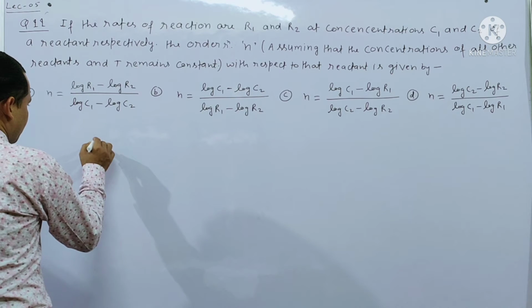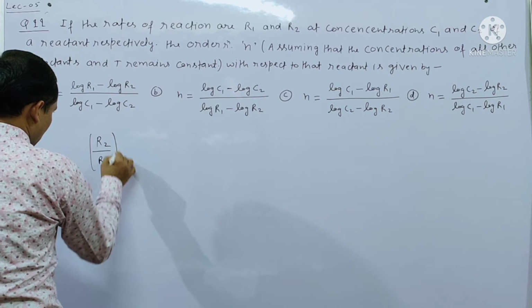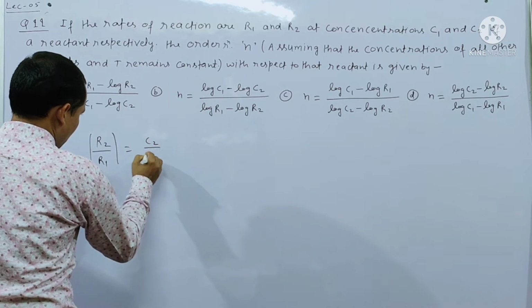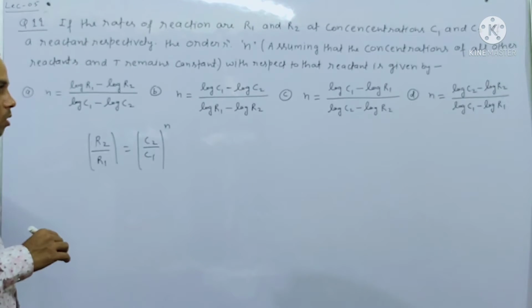R2 upon R1, according to this method, R2 upon R1 equal to C2 upon C1 whole to the power n. Basically this n is the order of the reaction.